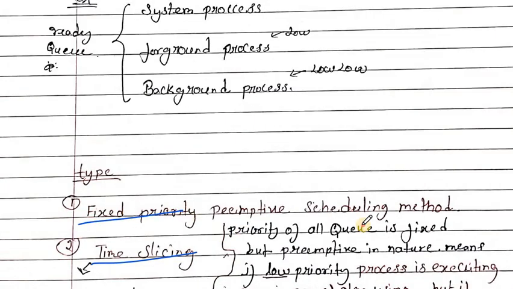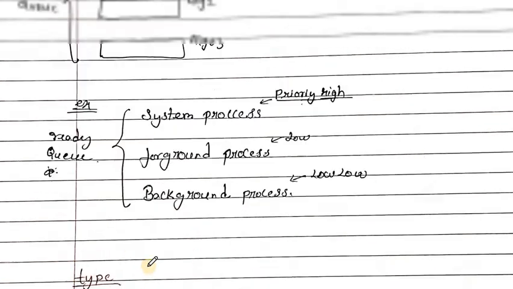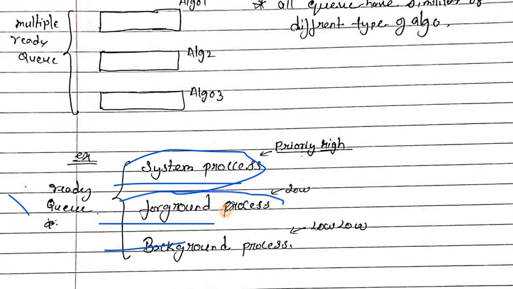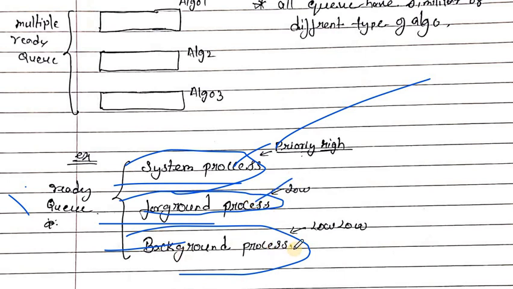What is fixed priority preemption? In fixed priority preemption, let's take an example where we have 3 ready queues: one for system processes, one for foreground processes, and the third one for background processes. The system process queue has high priority, foreground has low priority, and background has the lowest, third level of priority.